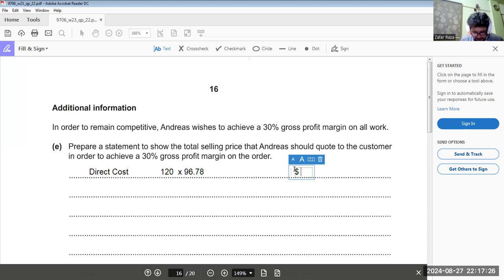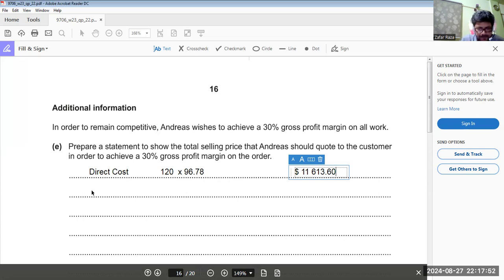Dollar 11,613.6. Okay. This is the direct cost.